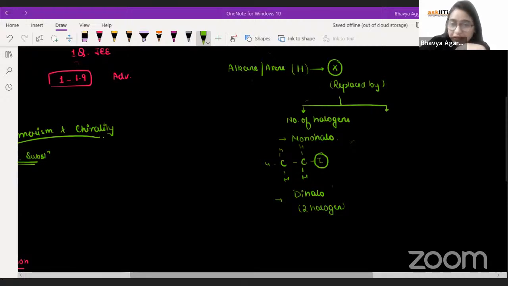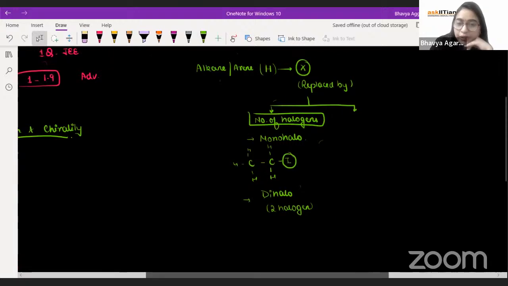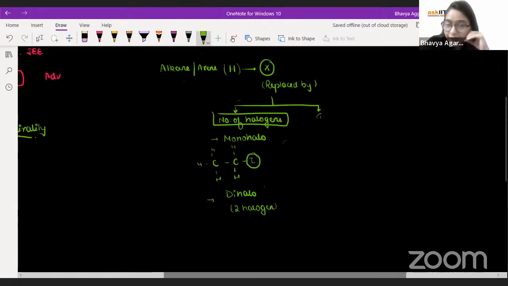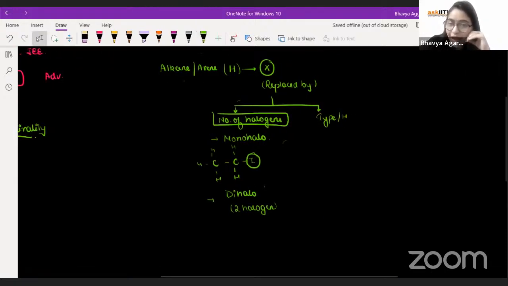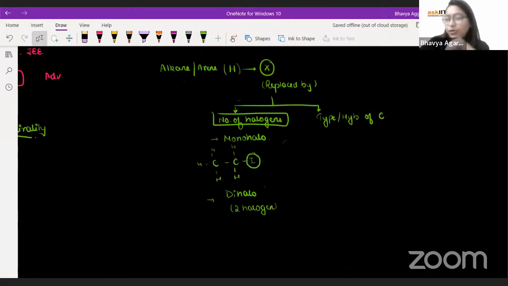The second kind of classification is done on the basis of the type of carbon. Type as in the hybridization of carbon on which the halogen is getting attached.